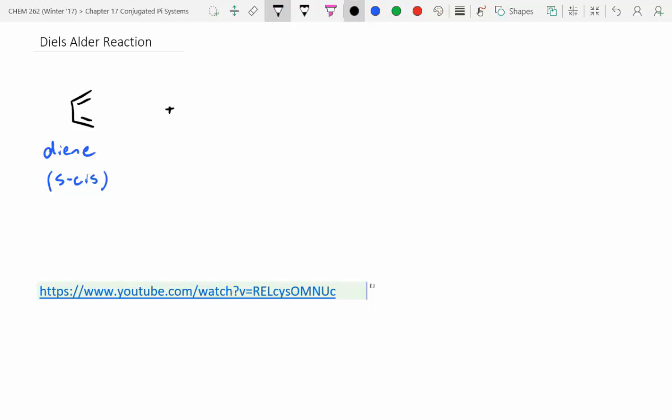Okay, and then we're going to take our dienophile, and in this case, I'm going to call this EWG and EWG. These are for electron withdrawing groups. Oftentimes your diene needs to be electron rich and your dienophile needs to be electron poor.